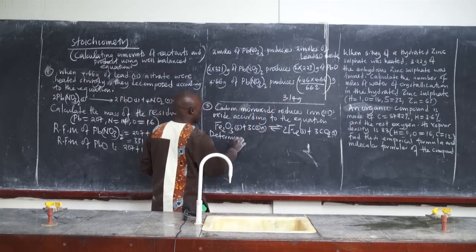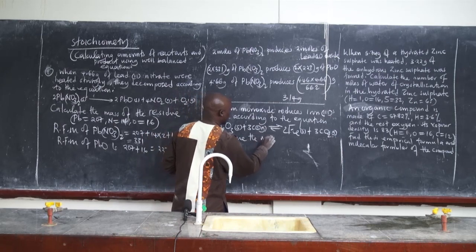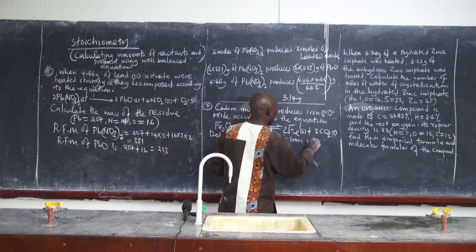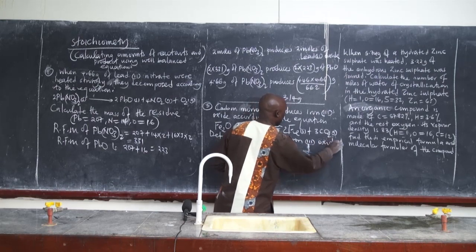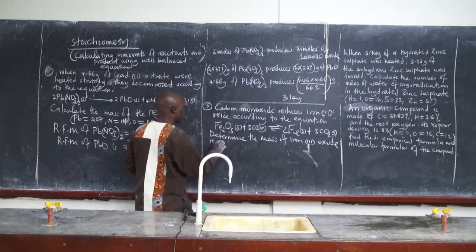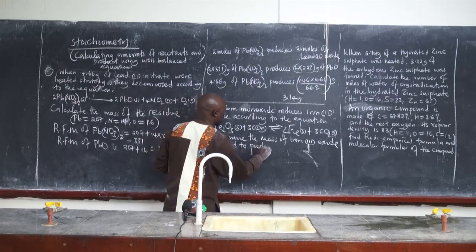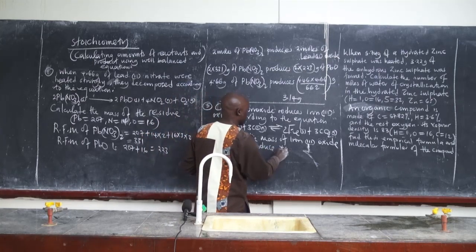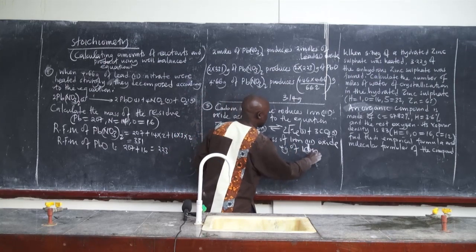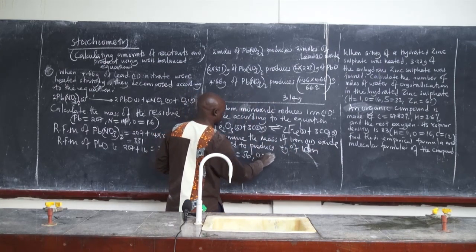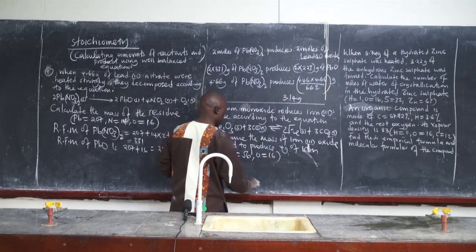Determine the mass of iron(III) oxide required to produce 4 grams of iron. Iron is 56, oxygen is 16.